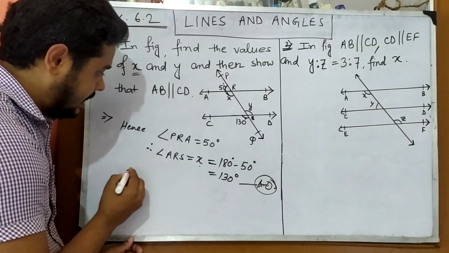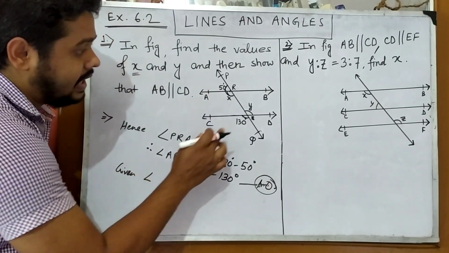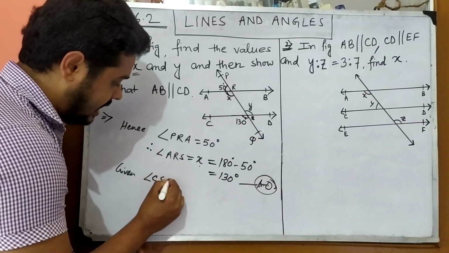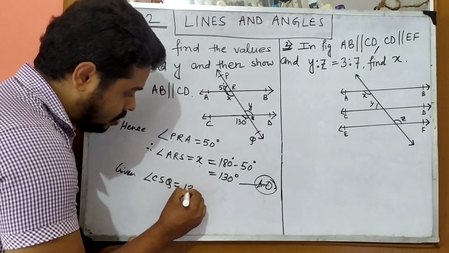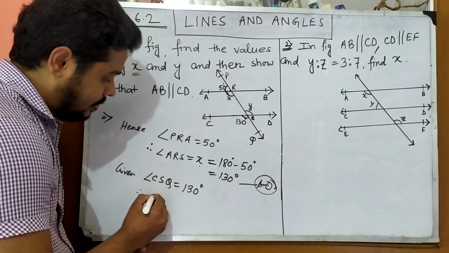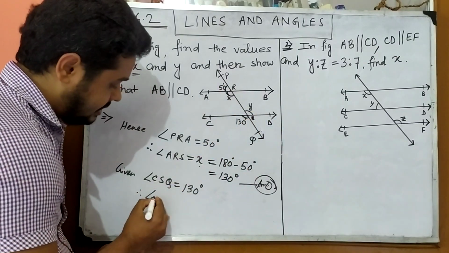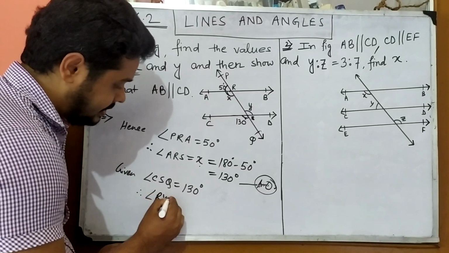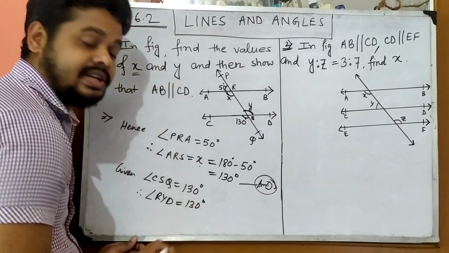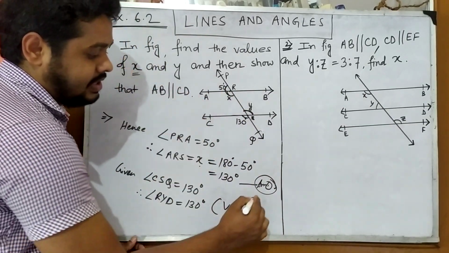This is y. Now also given angle CSQ equals 130 degrees. Therefore angle RYD is also 130 degrees. Why? They are vertically opposite angles.